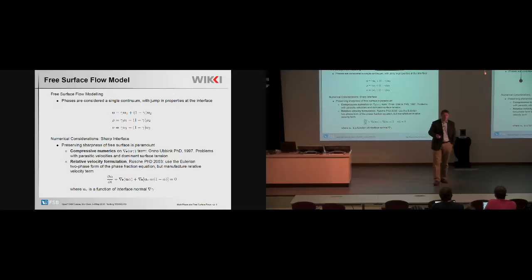does not account for the fact that the interface needs to remain perfectly sharp. So in order to deal with that, we borrow the term from the previous formulation, which used to say u alpha minus u beta times alpha times 1 minus alpha, where u alpha and u beta are velocities of air and water.